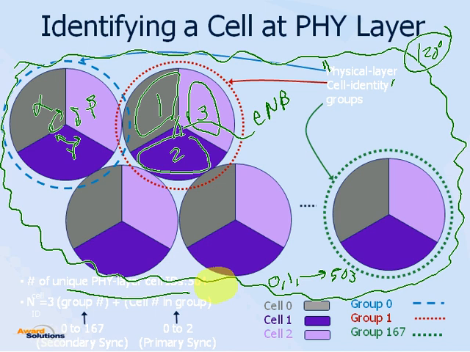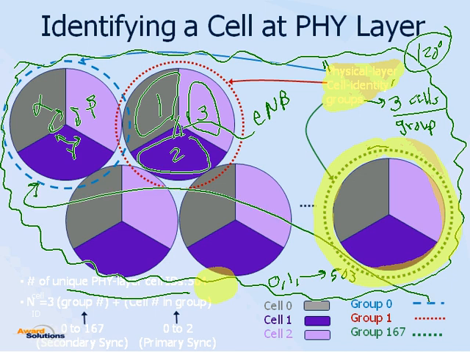The way we allocate that is we first create groups. So this is a cell ID group. Inside that group, you will observe that there are always 3 cells or sectors in every group. So we have group number 0 here, and that group has 3 cells: 1, 2, 3.